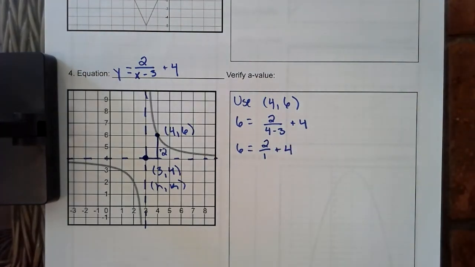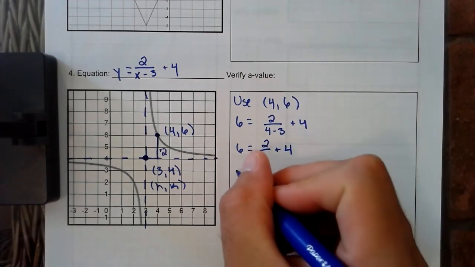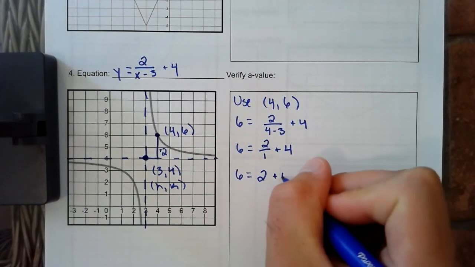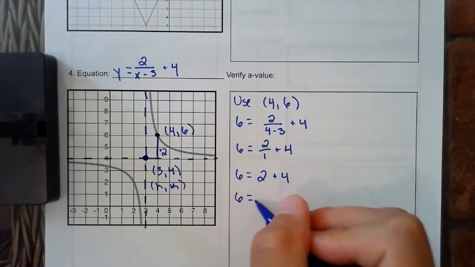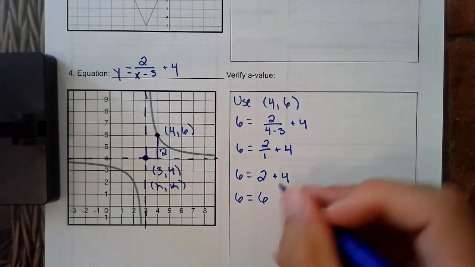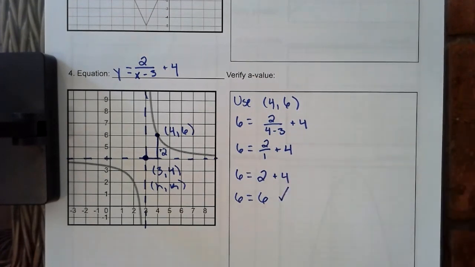So 2 divided by 1 doesn't change anything, it's just 2. Then we have plus 4, and 6. It goes pretty quick once you know to simplify the bottom of that fraction. We get 6 equals 6 on both sides, so that is verified, and that equation is all done.